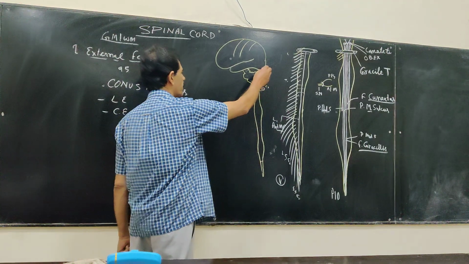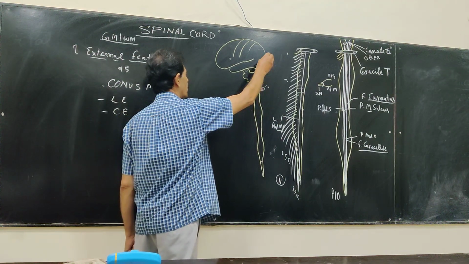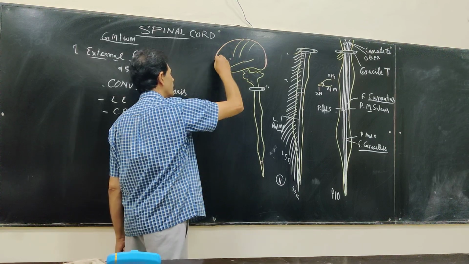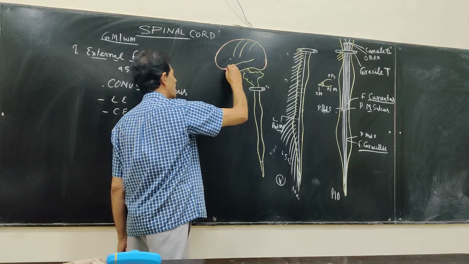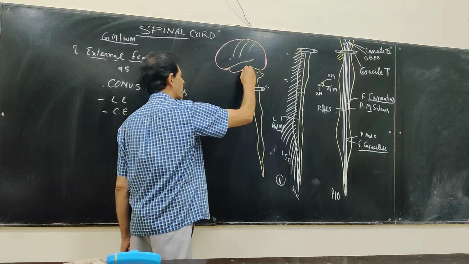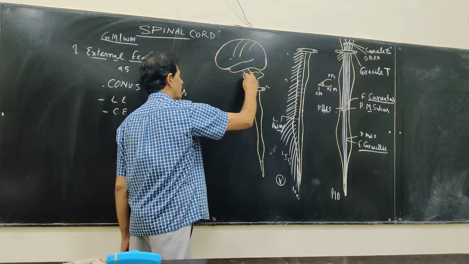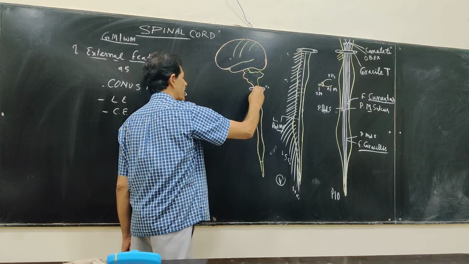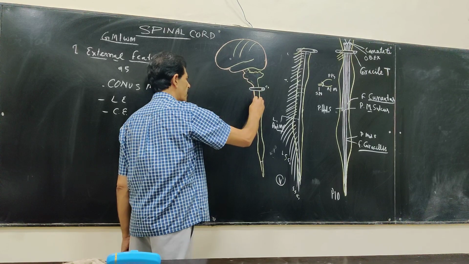As you know, pia mater is closely investing the surface of the whole of the brain, and it is adherent to the surface, whether it is gray matter or white matter. Midbrain, pons and medulla, and from the medulla, this pyramid is also continued on the spinal cord as well.